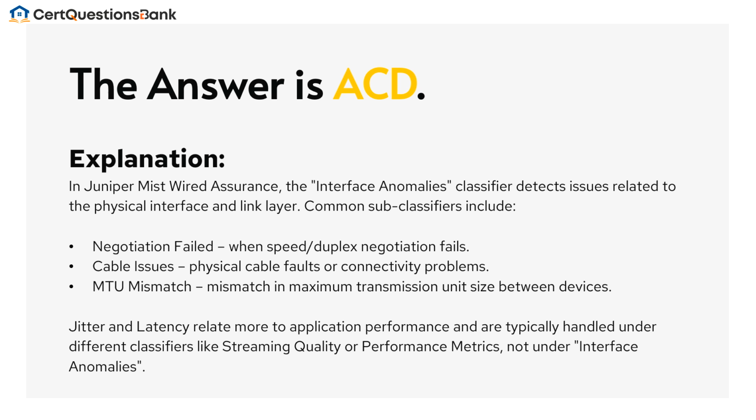In Juniper Mist Wired Assurance, the interface anomalies classifier detects issues related to the physical interface and link layer. Common sub-classifiers include: negotiation failed, when speed duplex negotiation fails; cable issues, physical cable faults or connectivity problems; MTU mismatch, mismatch in maximum transmission unit size between devices.